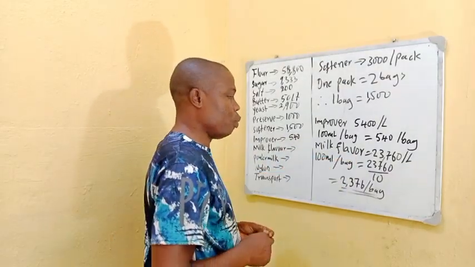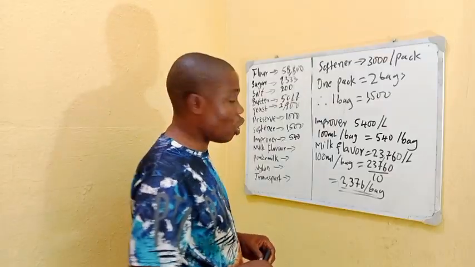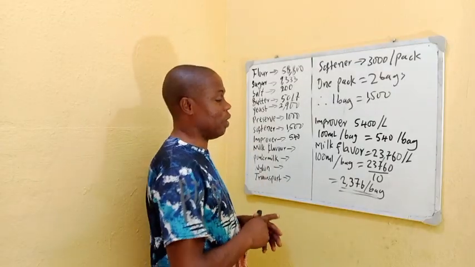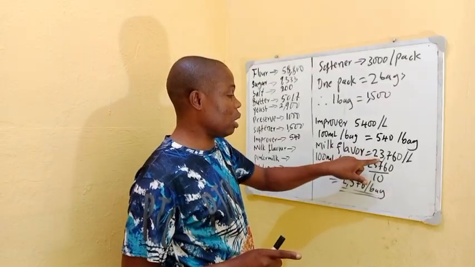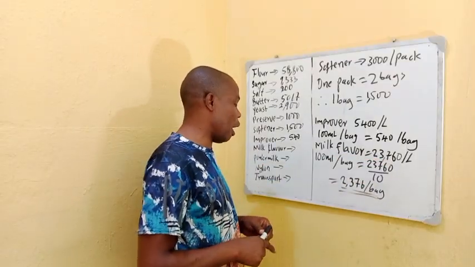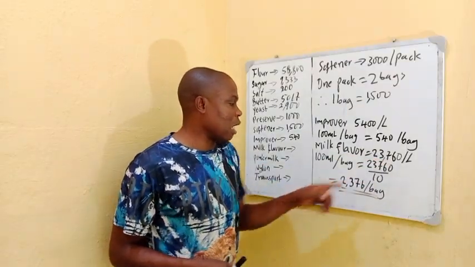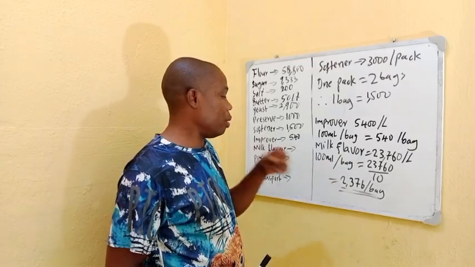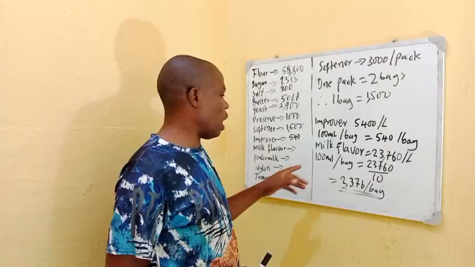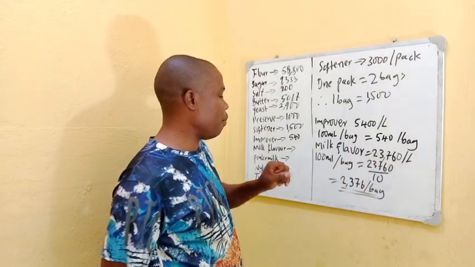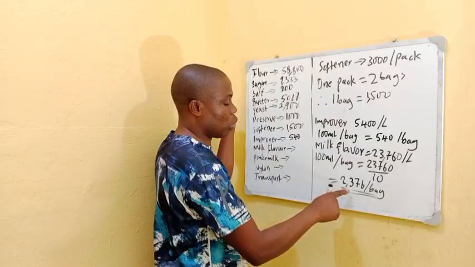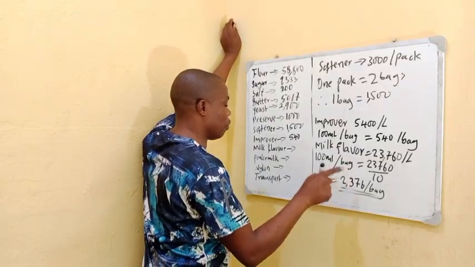Now let's look at milk flavor. For milk flavor, I always use the oil-based milk flavor. For that oil-based milk flavor, 1 liter is 23,760 naira. If you divide that by 10, because we use about 100 ml per bag, so that will give us about 10 in a liter, you have 2,376 naira.